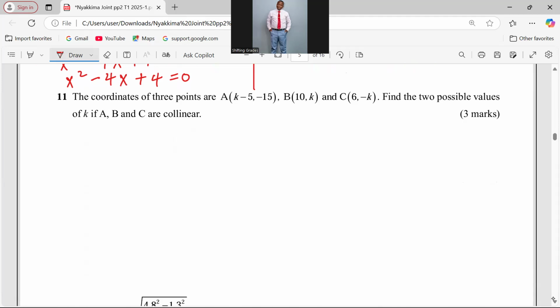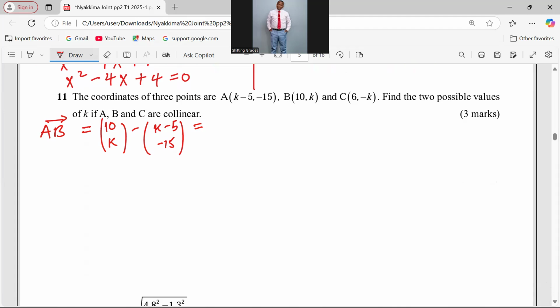So the first thing we are going to do is to find 2 vectors out of the provided points. We can get a vector like AB. Let's find vector AB. We need B minus A, so (10, k) minus (k minus 5, -15).